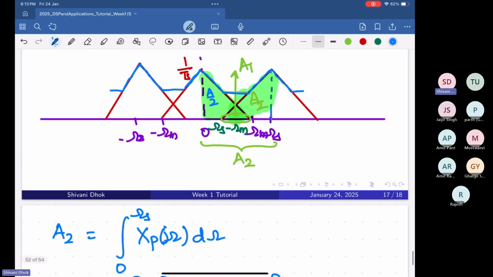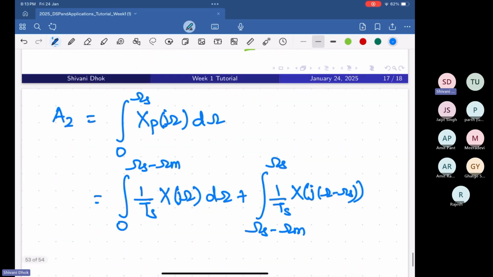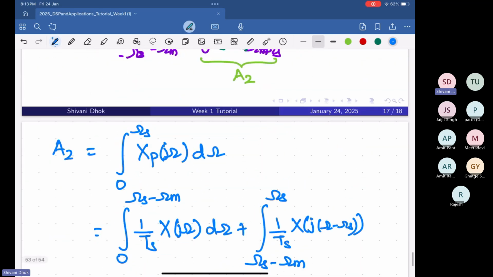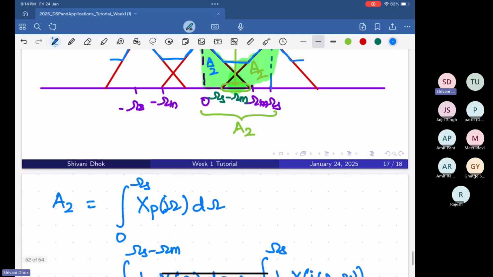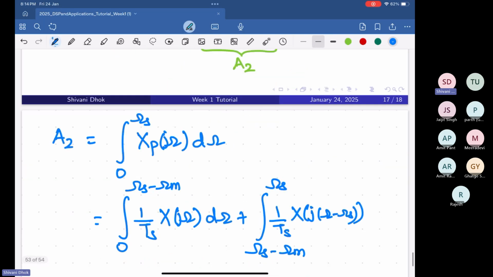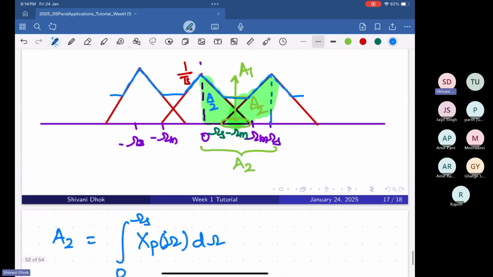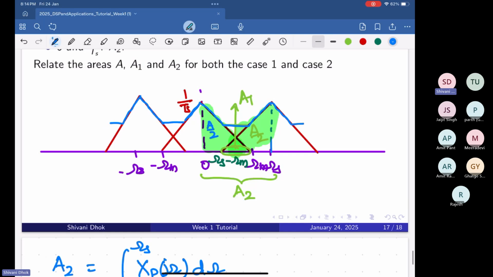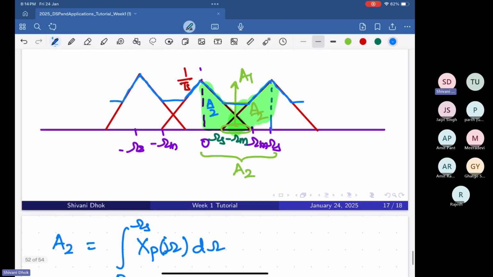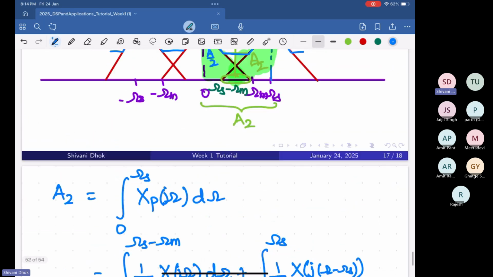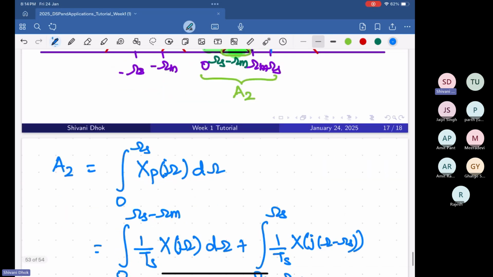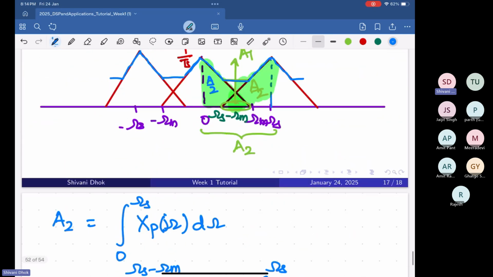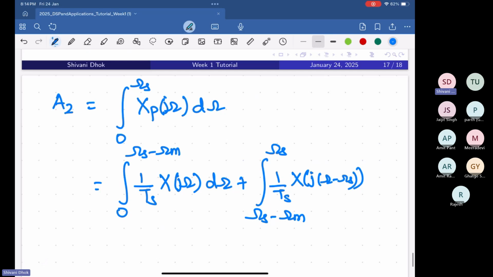Now again, okay, so we have this now. Now we can write this actually with a little bit different notation.